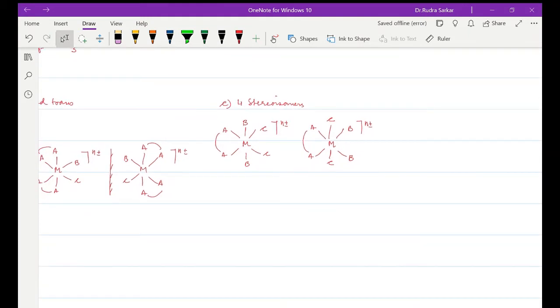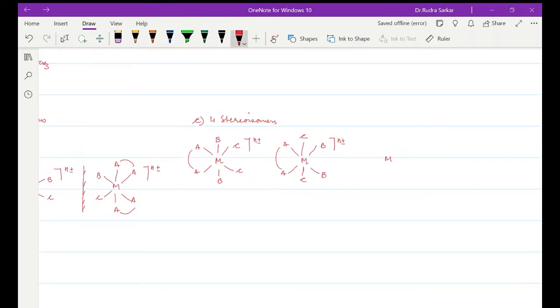The other one will be, so both are trans over here, and the other one we can think of is when C and B are trans to each other. So this is the one. Okay, this is the other one.